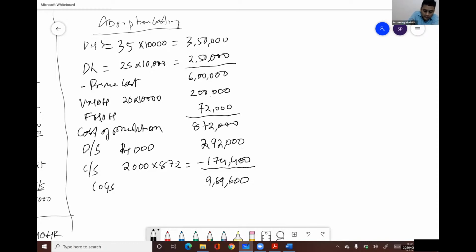Now, what is next? What are the other ones? Add selling and administrative overheads. How much? Variable is 12,000 into 3. 12,000 units are sold and the variable cost is 3.